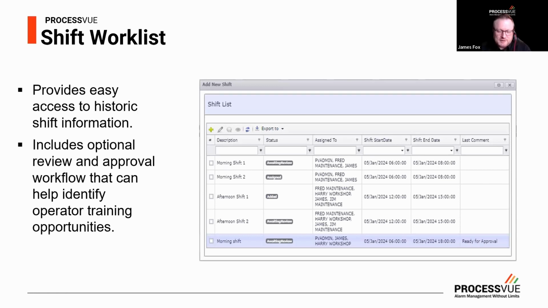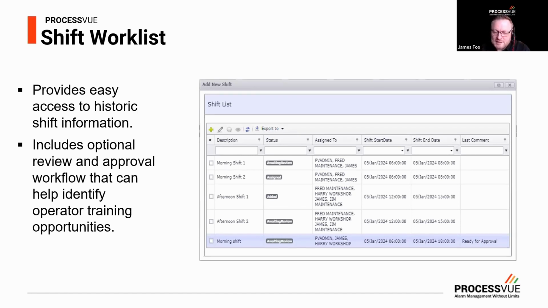So the work list provides a number of benefits. It helps shift handovers because you've got all the information logged in one place in an easy to read, time accurate format. We're able to potentially identify additional operator training opportunities.